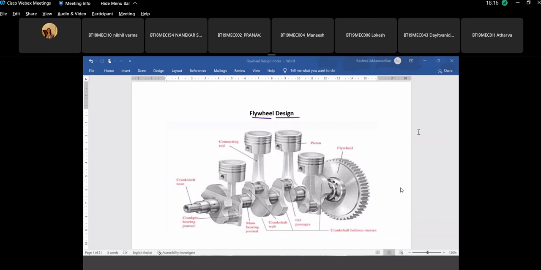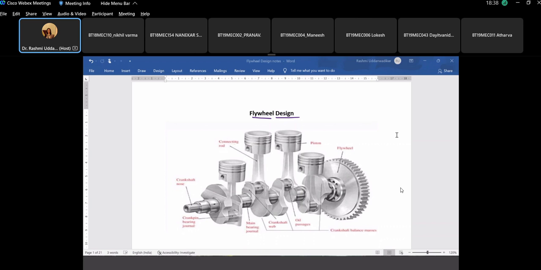It has very high moment of inertia, yes. To avoid fluctuations. Correct. Fluctuation of what, Anshuman? Fluctuation of speed, yes.